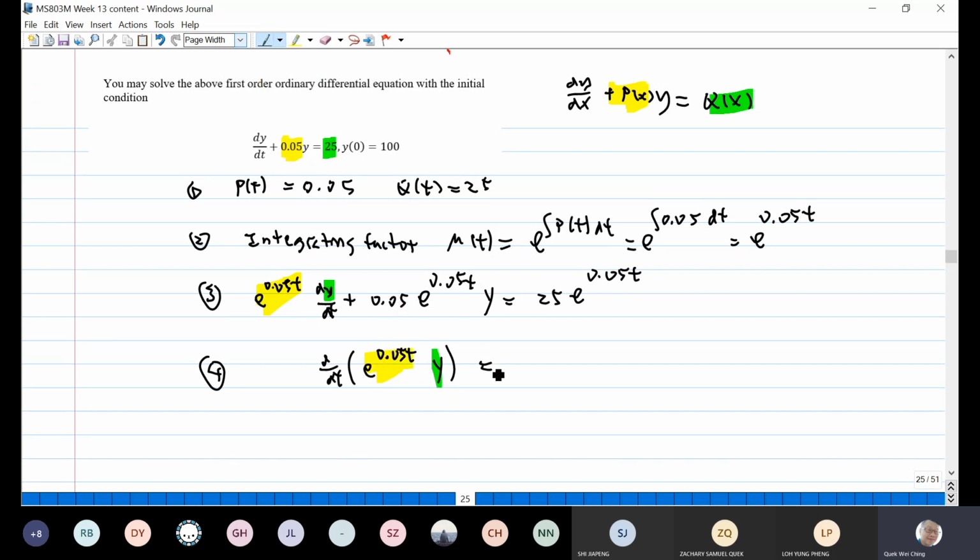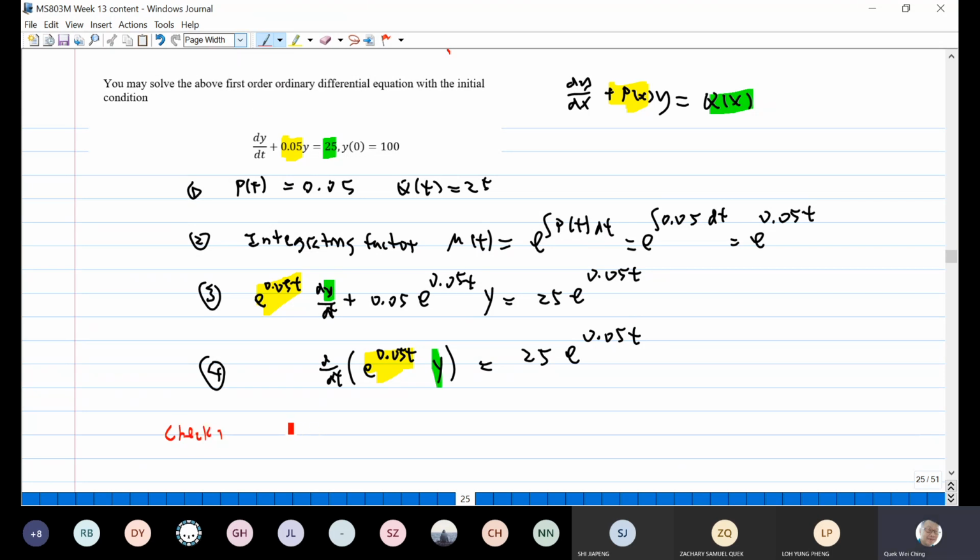This is equal to 25 e^0.05t. Then you check: when you differentiate the bottom, do you get the top? Do you get the same thing? You can see that it's true, right? Just use the product rule. Let me check again, if you're not sure.